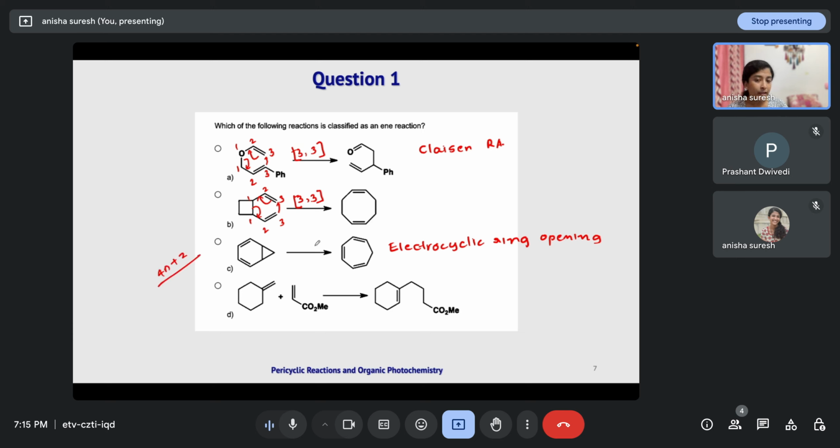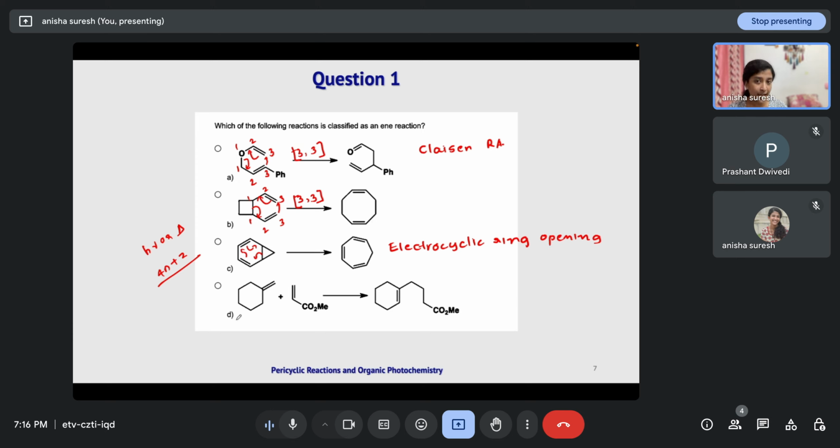It is not mentioned whether it is taking place by thermal or photochemical condition. It can be either h nu or delta, so it can follow conrotatory or disrotatory mode depending on h nu or delta condition. Then it will open like this and it will result in the formation of this product. So this is an example of electrocyclic ring opening reaction.